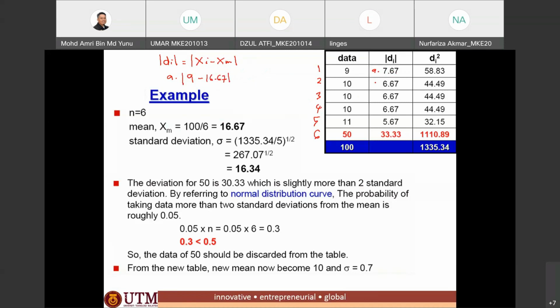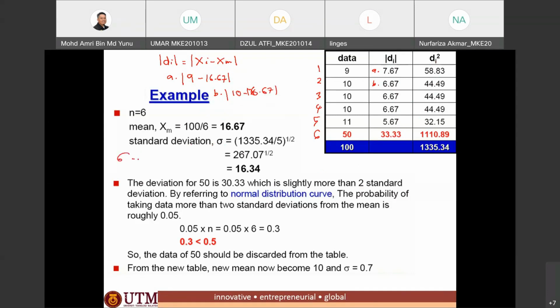And then the next, B, is the data 10 minus the mean value 16.67, which gives 6.67, and so on. Okay, we get the offsets. Then we square the offsets. After we square the offsets, we find the standard deviation.